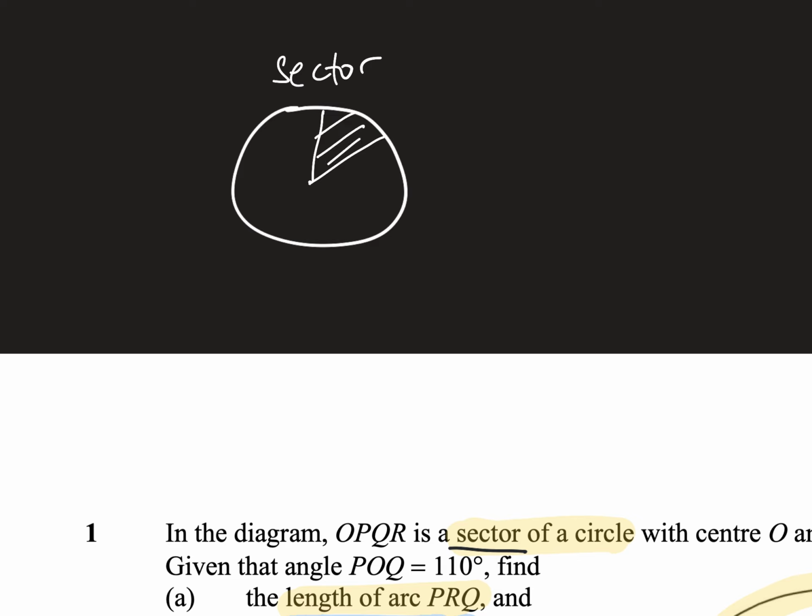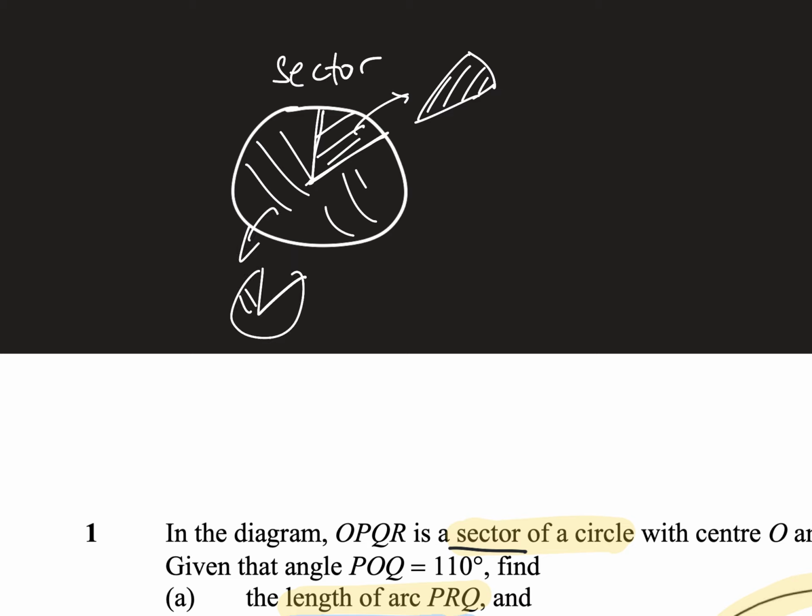This is a sector, right? If I take this piece out, it will look like this. This will be a sector. I can also take this piece out, and that will also be a sector, because as long as you're cutting from the center out, what you are left with is also considered a sector.